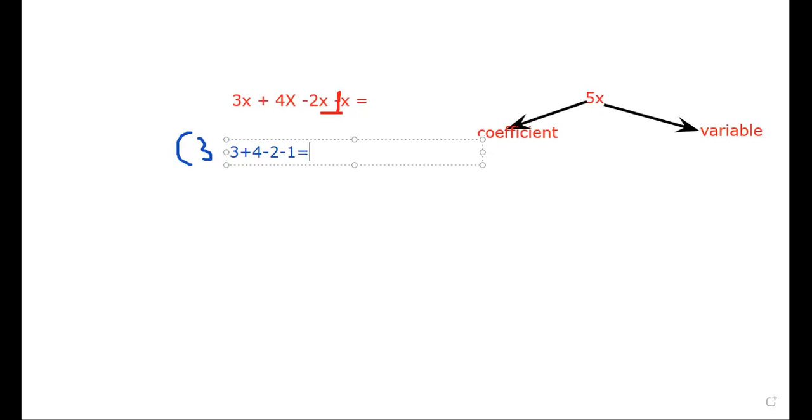Then I will find the answer for all. Then 3 plus 4, it's 7. 7 minus 2, it's 5. 5 minus 1 equals how many? Equals 4. And then I'm going to put x. So to simplify the like terms, we have to add all the coefficients together. This is in case all the terms in the question are like terms.